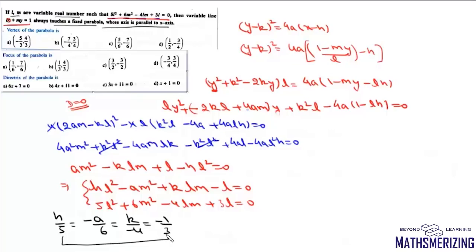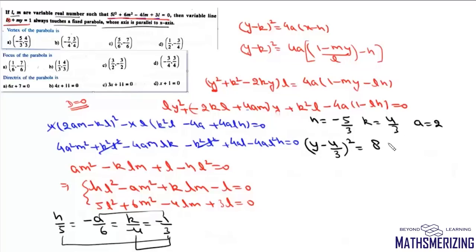If we take the first and last, we'll get h as minus 5 by 3, and taking these two, we'll get k as 4 by 3, and from second and last, we'll get the value of a as 2. So we can write this equation as y minus 4 by 3 square equals 8 times x plus 5 by 3, which is capital Y square equals 4a capital X.